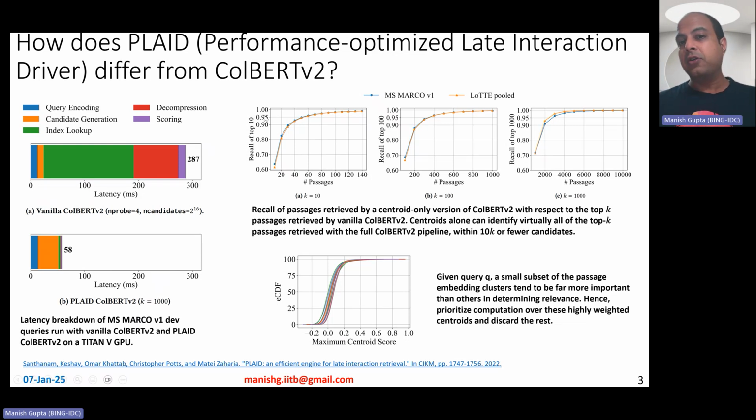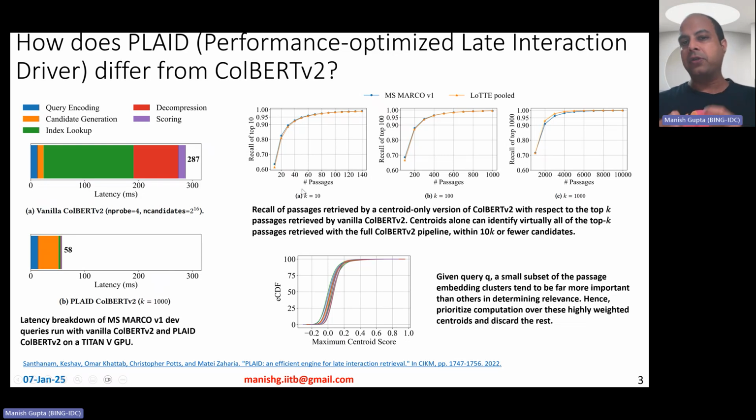Now, is that a good filtering step is the question, right? And to answer that question, you see in this picture, what they've done is that for two data sets, they've shown some curves, right? And they basically say that, hey, if you take top 10 passages from ColBERT V2, what is the recall of these top 10?